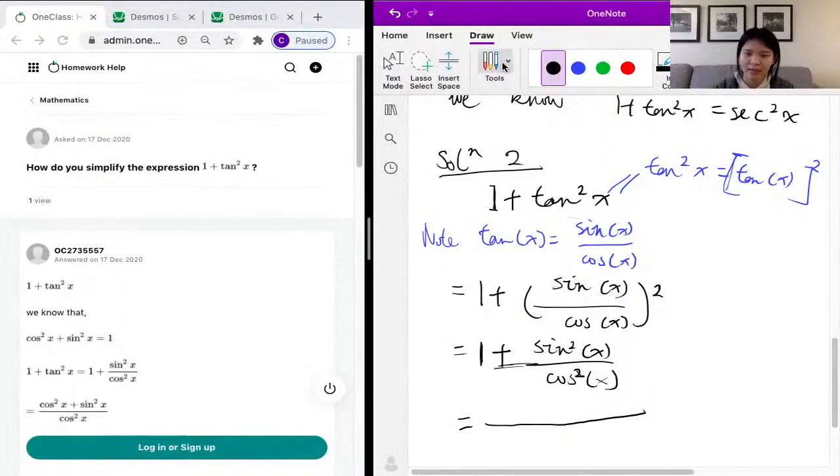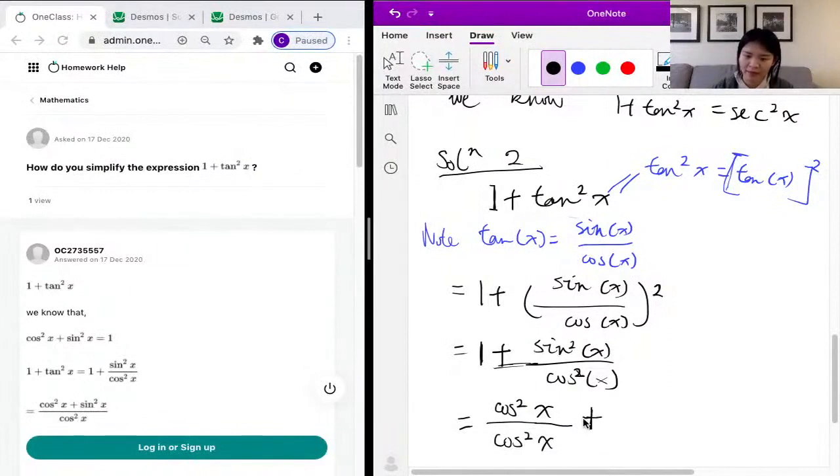In this case, we want to change 1 to a fraction that has cos squared x as its denominator while maintaining its value. It is quite straightforward, because cos squared over cos squared is 1, since any number over itself has the value of 1.